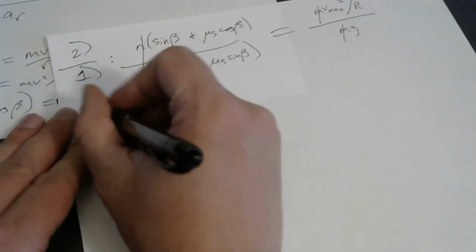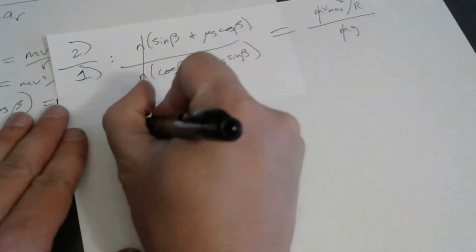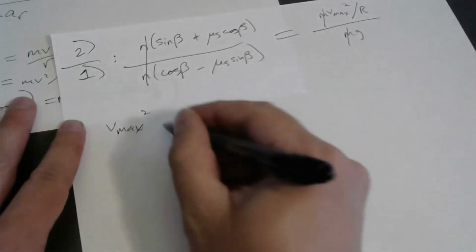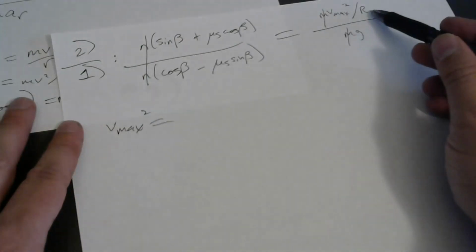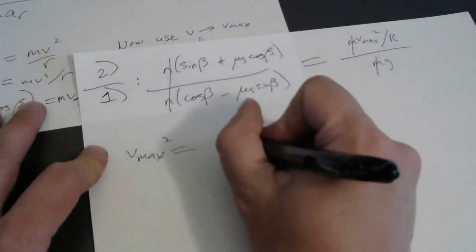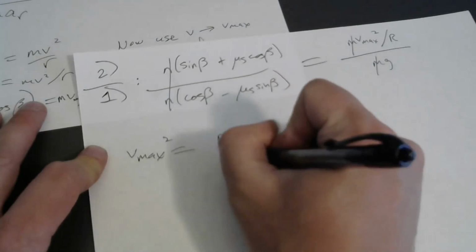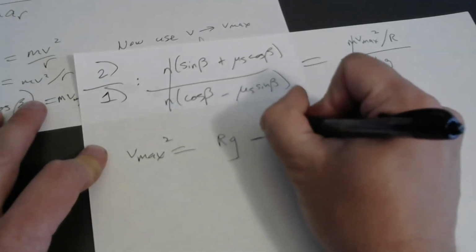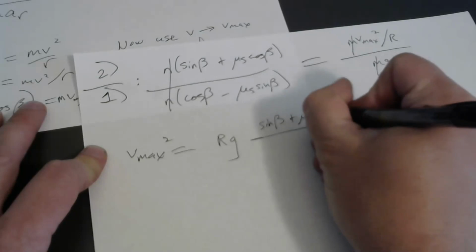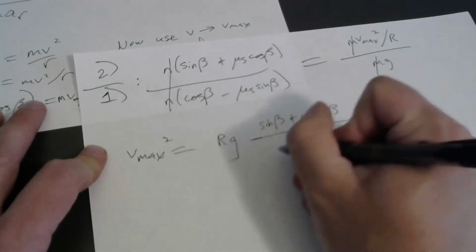I don't have room. Okay, V max squared. I won't do the square root yet. This is 1 over RG, so I'll put the RG upstairs. You've got sine beta plus mu cos beta.